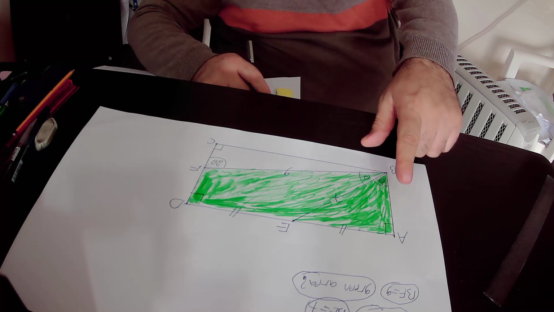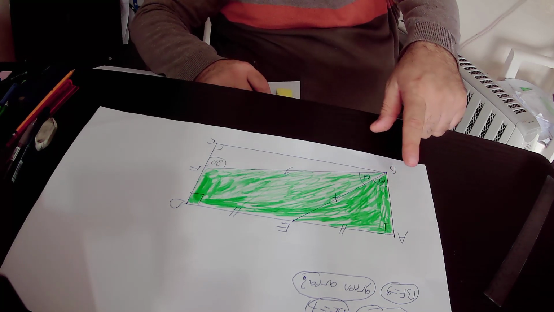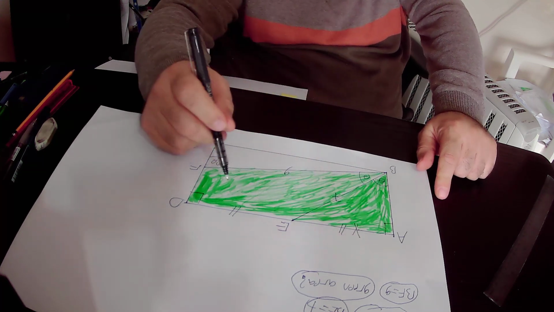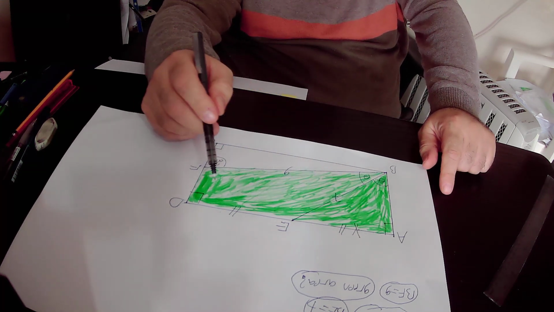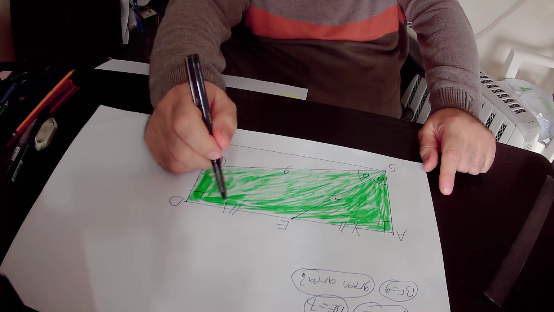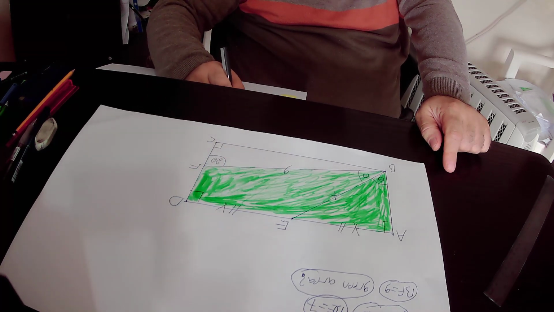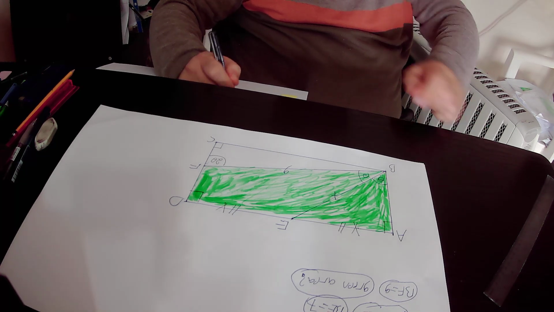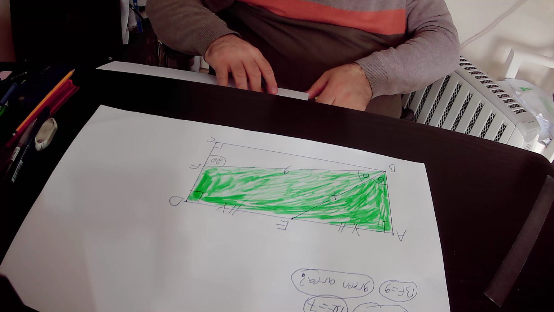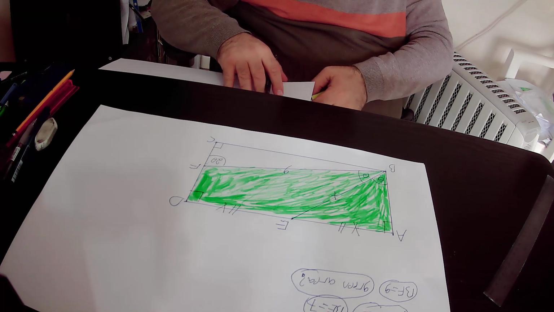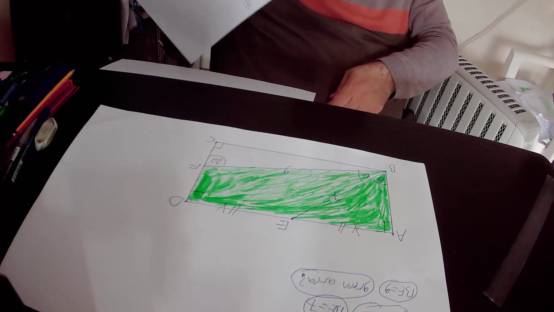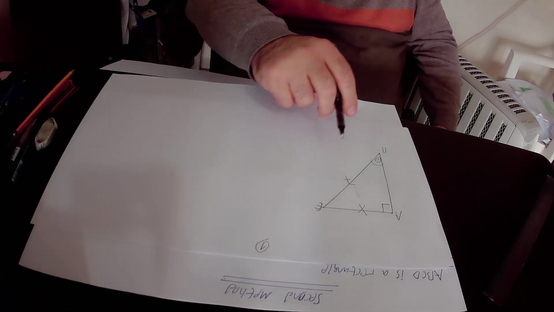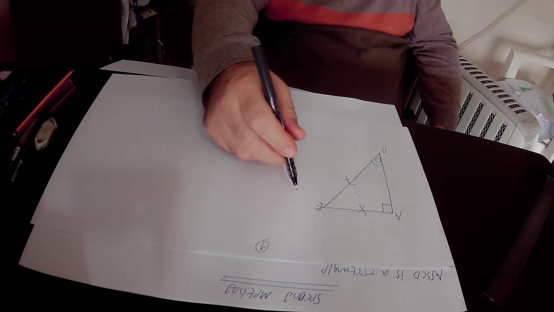Here we define line segment AE as x. If AE equals x, then AE equals ED, so ED is also x. So AE equals x, BE equals 7. In the right triangle ABE, sine theta equals x over 7.